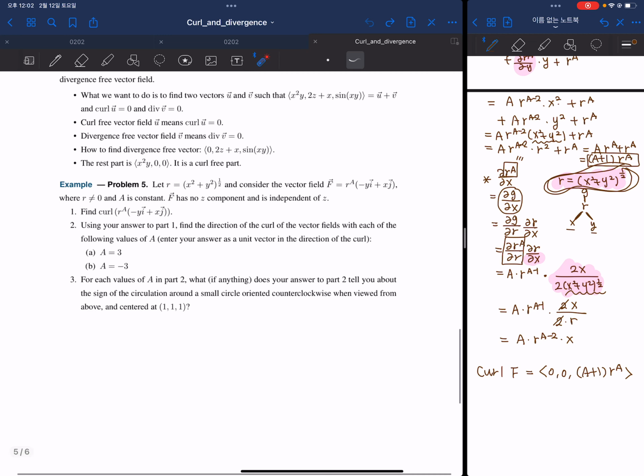Okay, and then the first values. Part 2 tells you about the sign of the circulation around the small circle.